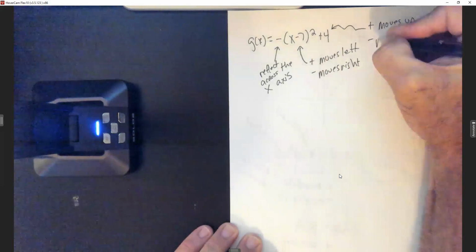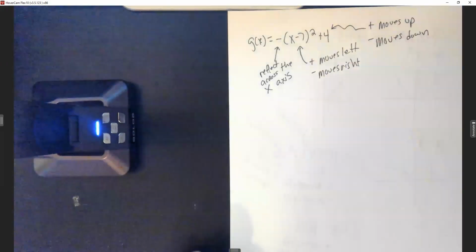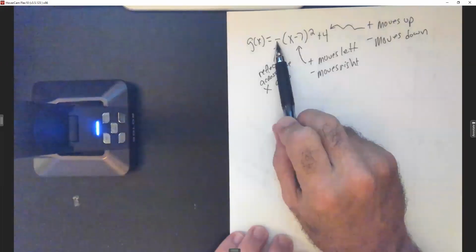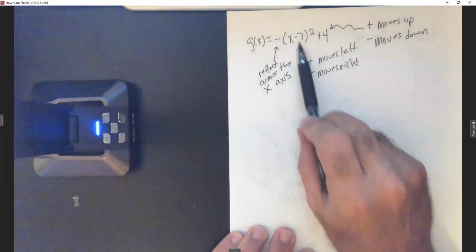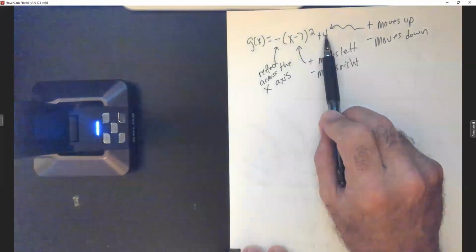Negative is going to move down. So I know this graph will reflect across the x-axis because of that negative. It's going to move right 7 units because that's negative. And then at the end, it's going to move up 4 units because that's positive at that end, okay?